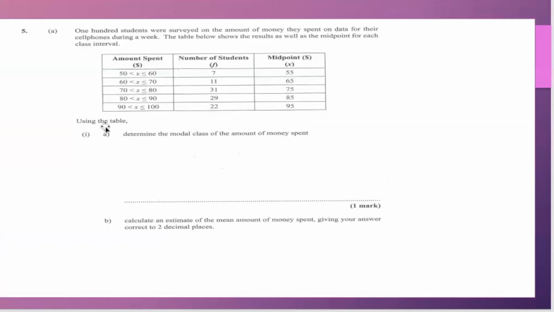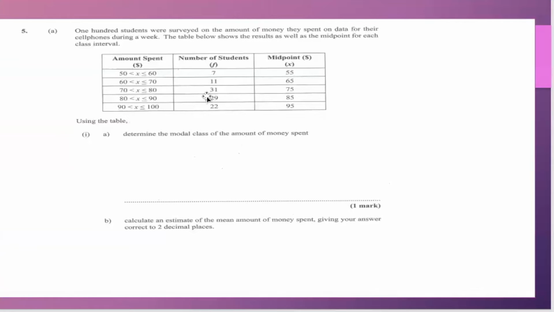It states using the table, part 1A, determine the modal class of the amount of money spent. Now, group frequency distribution showing the amount of money that 100 students spent on data for their cell phones during a week. Since I need to determine the modal class, modal means the one happening the most often.